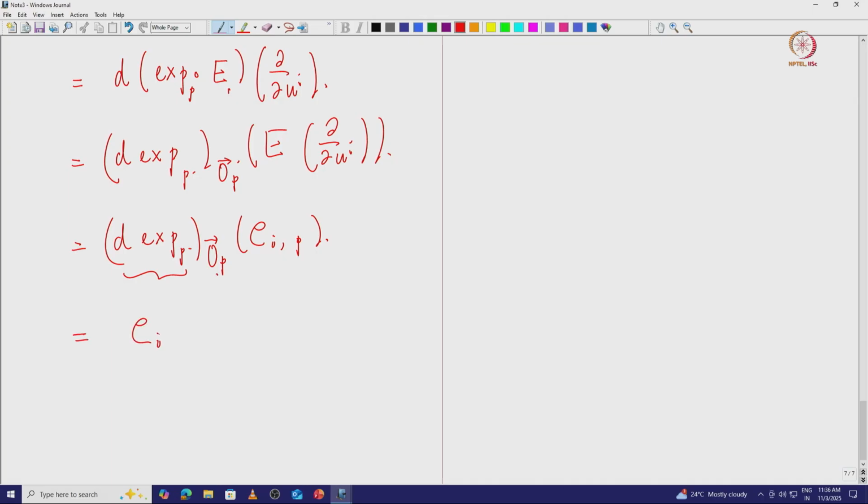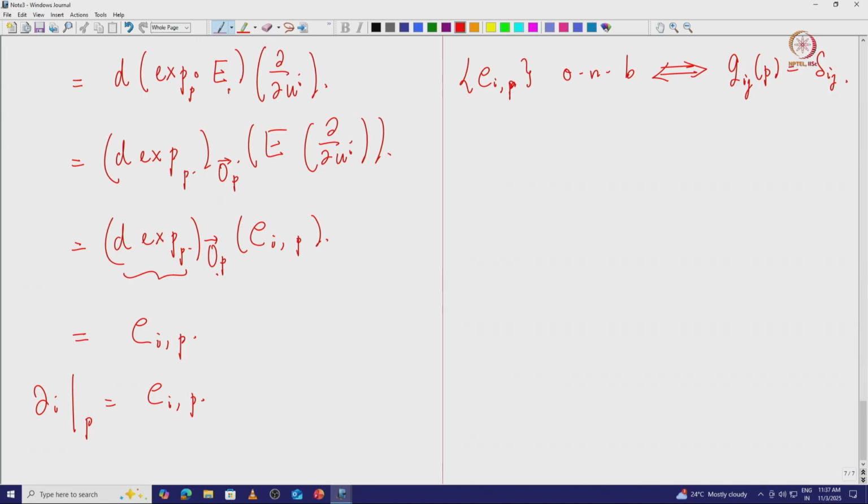So that means del i at P is precisely this basis vector that I began with. And then of course, because this was an orthonormal basis, this just implies that g_ij of P is exactly delta_ij. So that proves part 1.